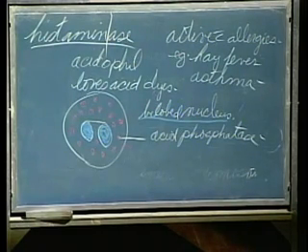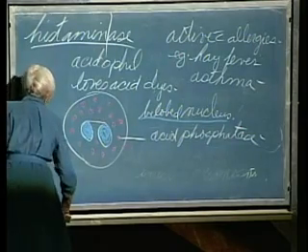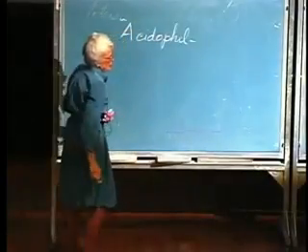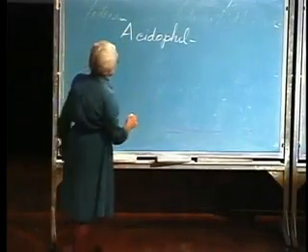How are you going to remember the functions? And this cell, let's start. The name is acidophil. They have acid phosphatase.